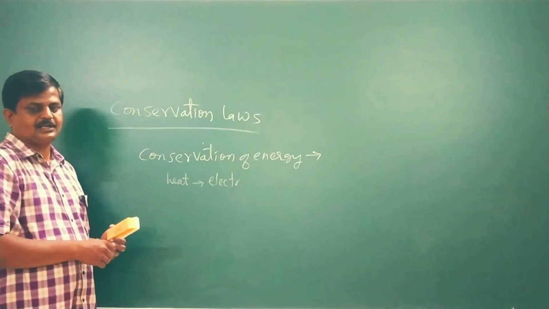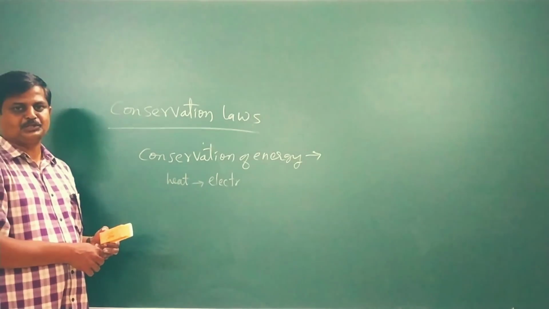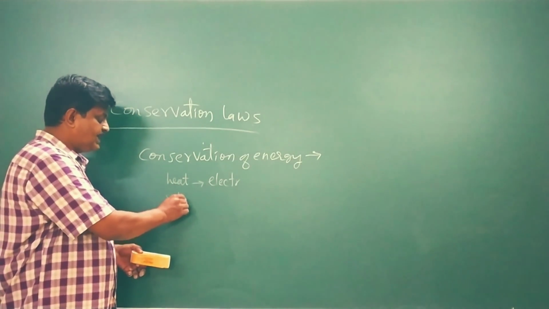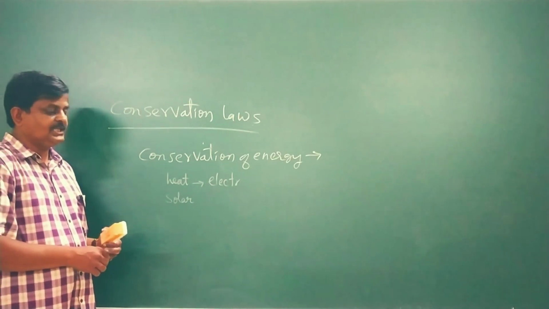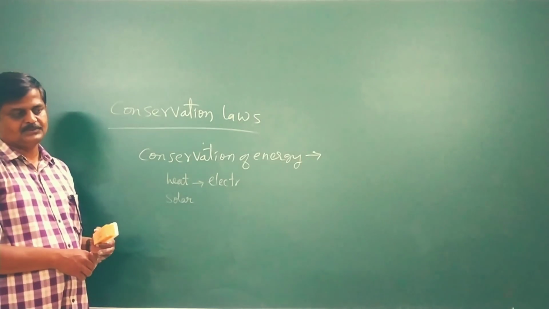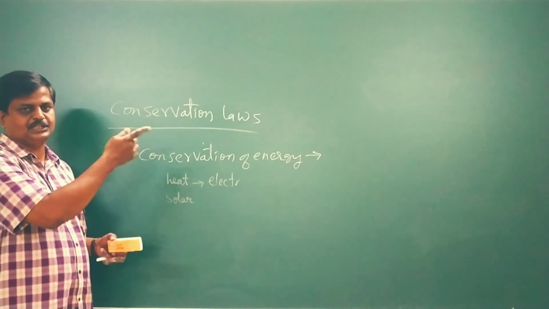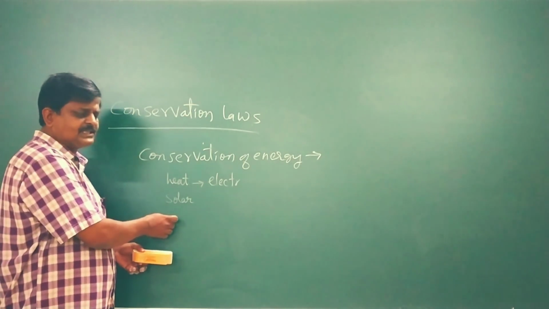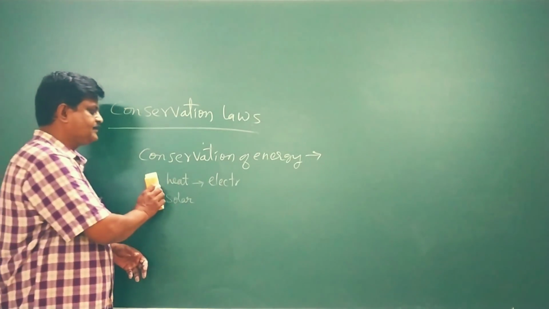And you know, in Karnataka, Raichur is the place where thermal energy is converted into what? Electrical energy. And in solar cells, what is happening? How is the energy conserved in a solar cell? By transforming the light energy into what? Electrical energy. There are many examples that illustrate conservation of energy.